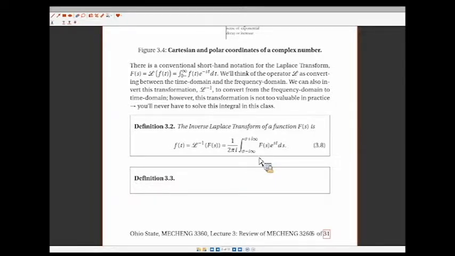So the definition in 3.3: the values of s such that the denominator of F of s is equal to 0.